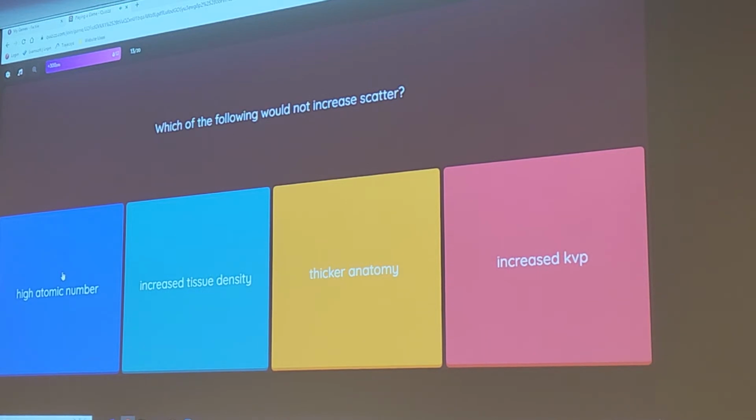In the case of tissue thickness, because you have more distance to travel through, you have more chances to interact with stuff. The interaction could be absorption, but it could be scatter, right? Both of them can happen. So increasing thickness increases the chance of both absorption and scatter happening.